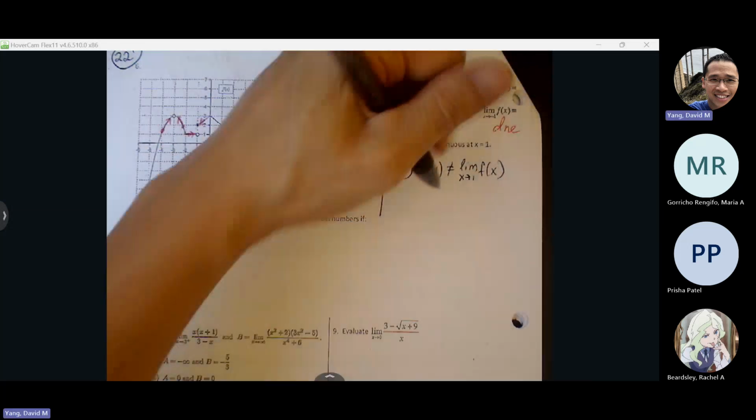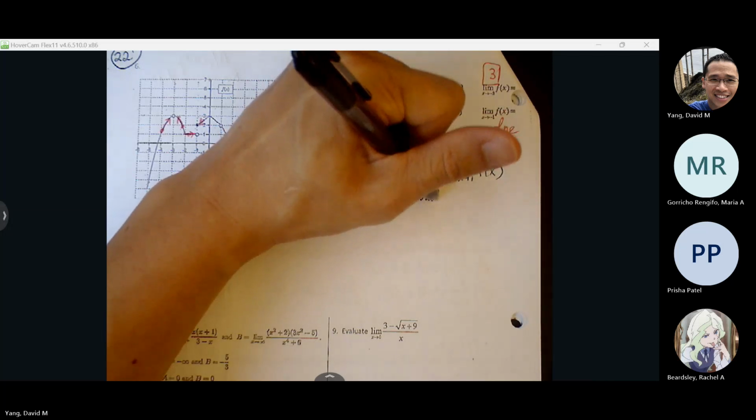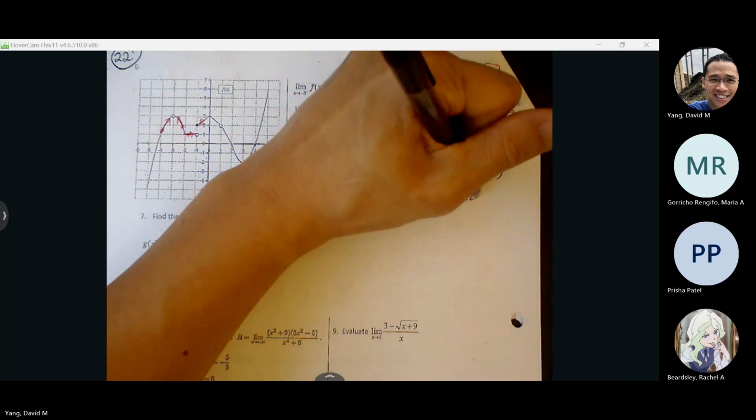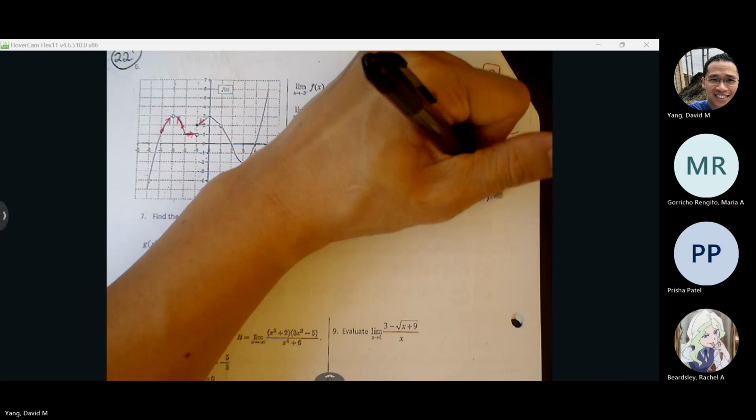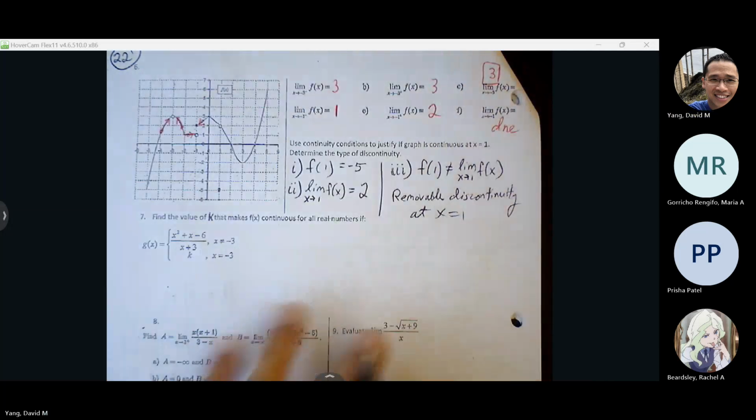So we can conclude removable discontinuity at x equals 1.